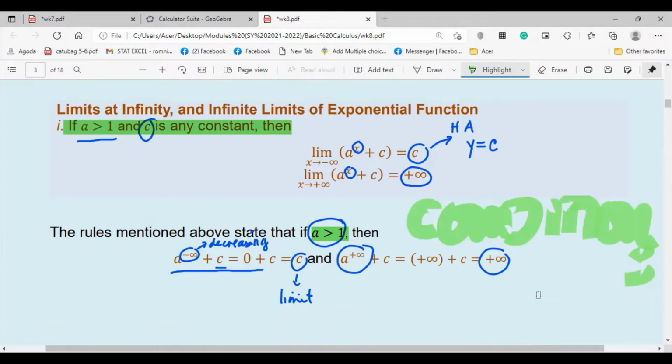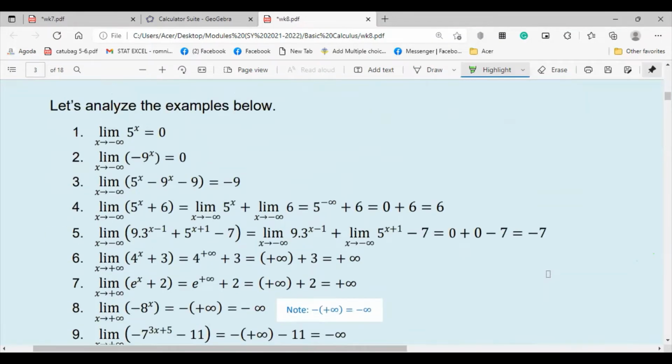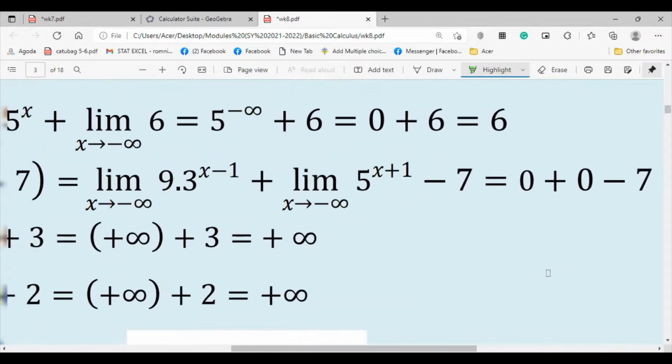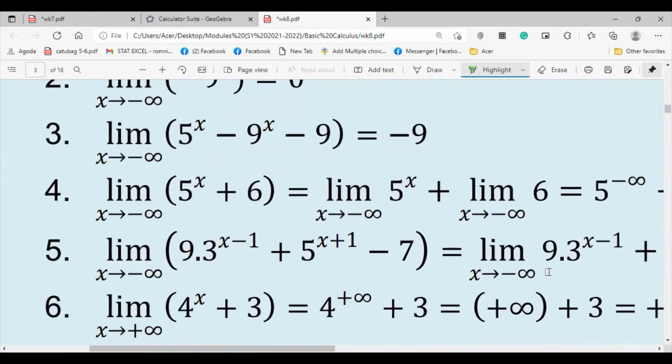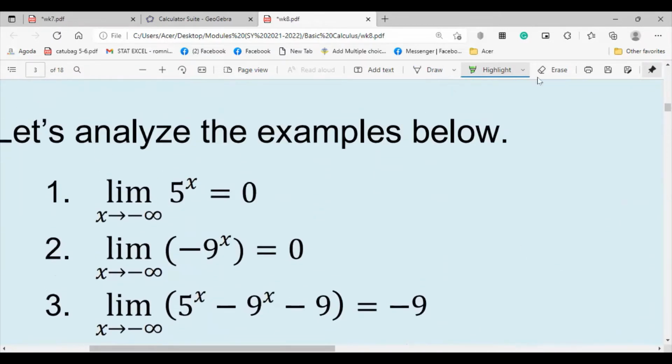Okay, so let's have the examples. Tingnan mo yung number 1. X here keeps on decreasing. So ibig sabihin, you can have an illustration, 5 raised to negative infinity, or x keeps on decreasing. That simply is 0, class.